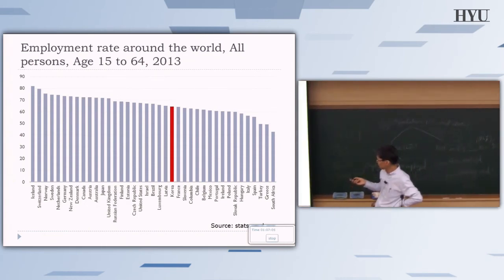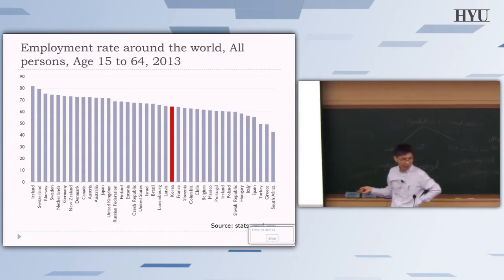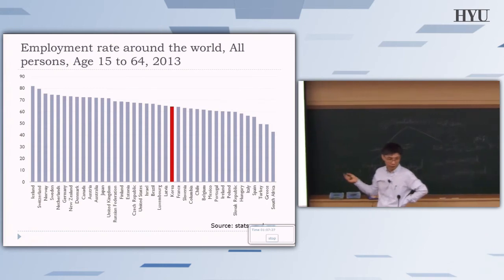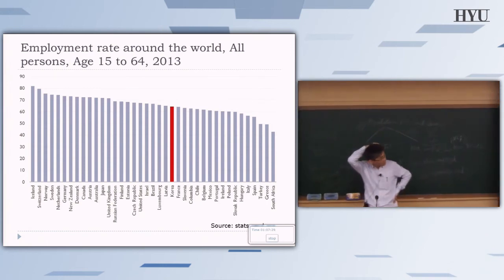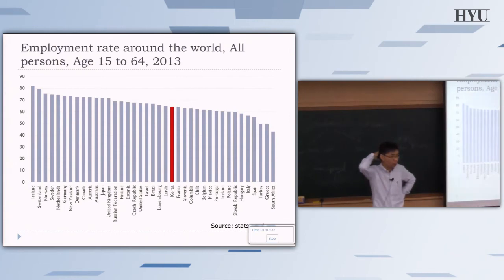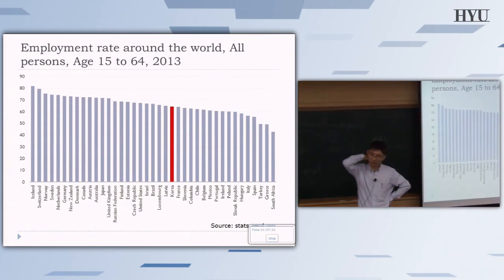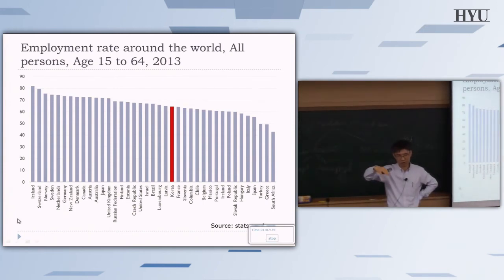And United States higher, Brazil higher, Israel, these countries. Those who are lower employment rate is France, almost the same, Slovenia, Colombia. So this group of countries are not doing that well. Okay, countries doing very well generally have higher employment rate than Korea's. So Korea's employment rate is not high overall. It's actually kind of low side. For the group you want to be compared to, we are low side.